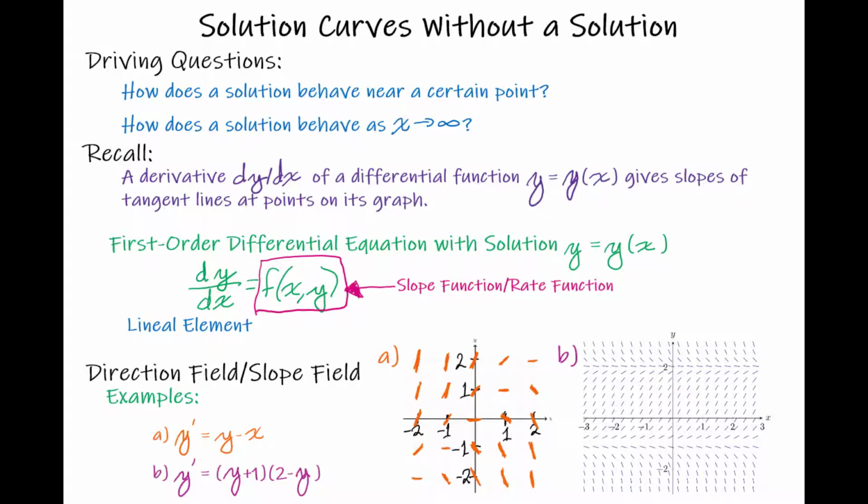But say, for example, that I'm curious how possible solution curves to this behave near the origin. So what I would do is plot a point at the origin, right there. And then you sketch a curve that follows the tangent lines as closely as possible.